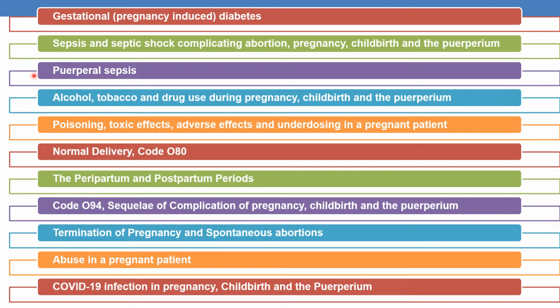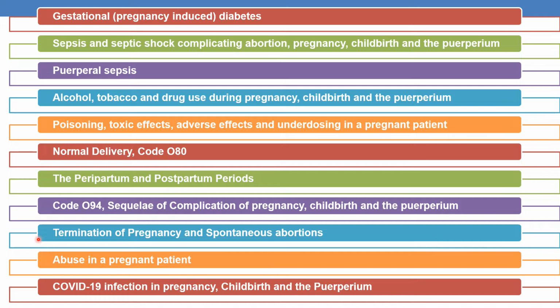The next are guidelines regarding puerperal sepsis, alcohol, tobacco and drug use during pregnancy, childbirth and puerperium, poisoning, toxic effects, adverse effects and underdosings in pregnant women, normal delivery code, that is O80, peripartum and postpartum periods, code O94, that is sequelae of complications of pregnancy, childbirth and puerperium.